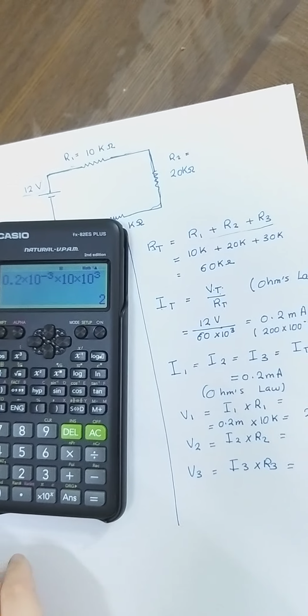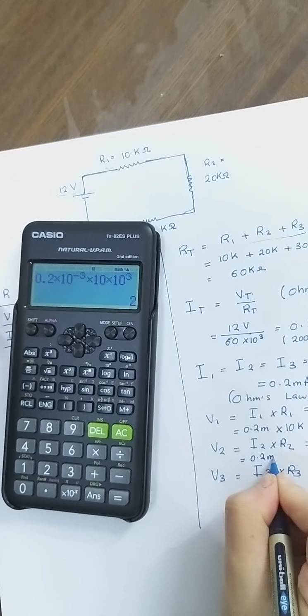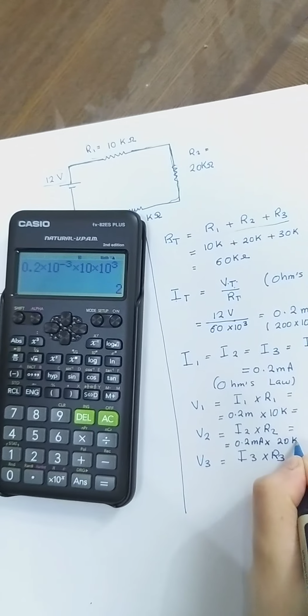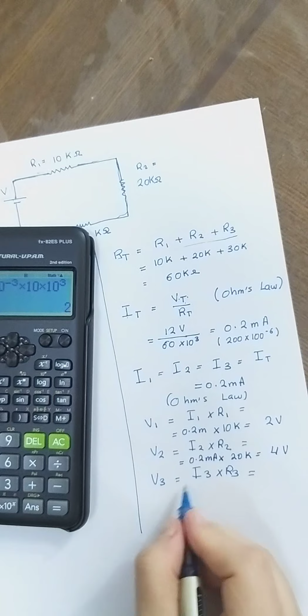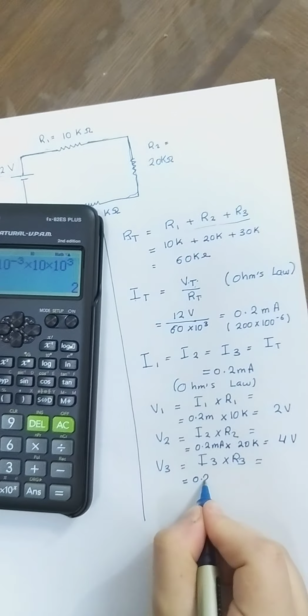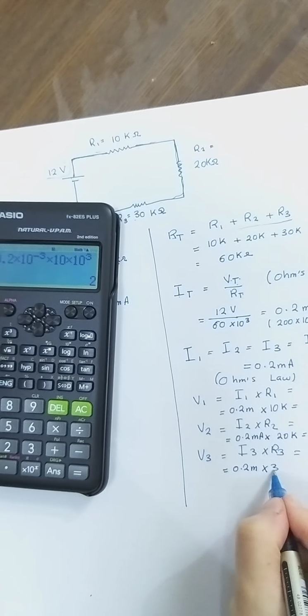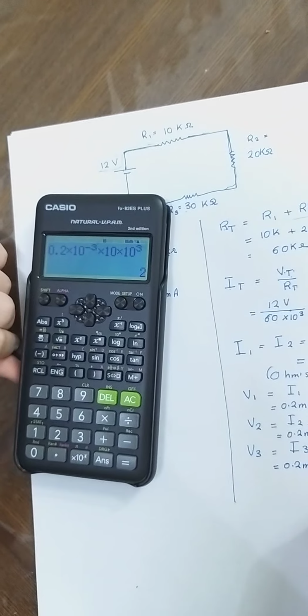which is 2 volt. The next one, I2 is the same, 0.2 milliampere times 20 kilo. It will be 4 volts. Same thing here, 0.2 milli times 30k. It will be 6 volt.